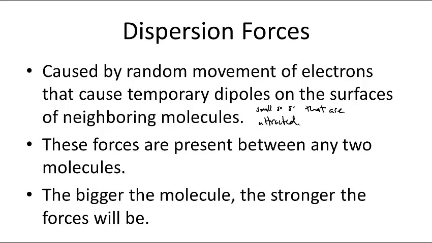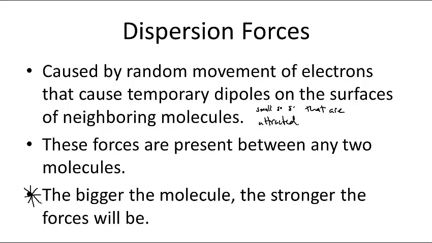Any two molecules will have dispersion forces. So even polar molecules with permanent dipoles will have moments where their electrons are moving around that actually slightly increases the strength of attraction. And the bigger the molecule, the stronger the dispersion forces will be.